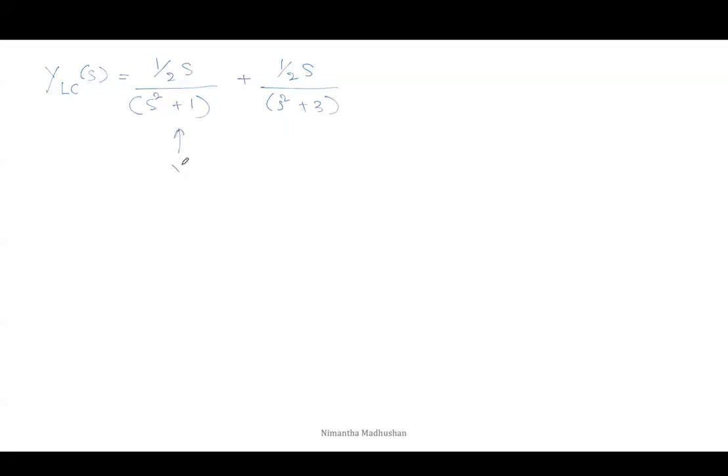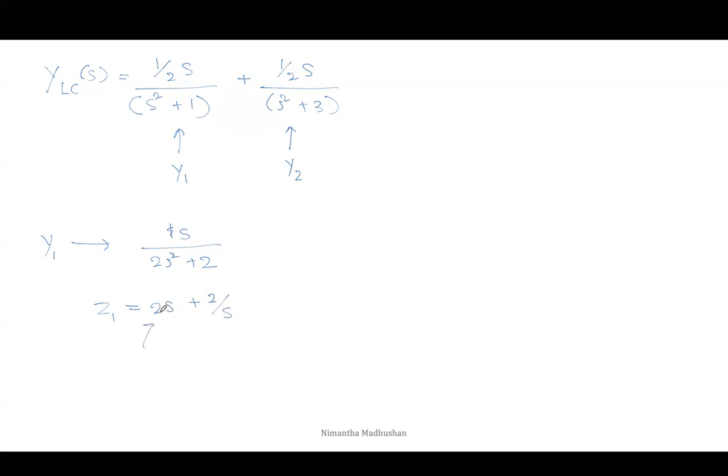These are the small admittance values Y1 and Y2. First, I consider Y1, which is s over 2s squared plus 2. I consider the impedance value. It is equal to 2s plus 2 over s.